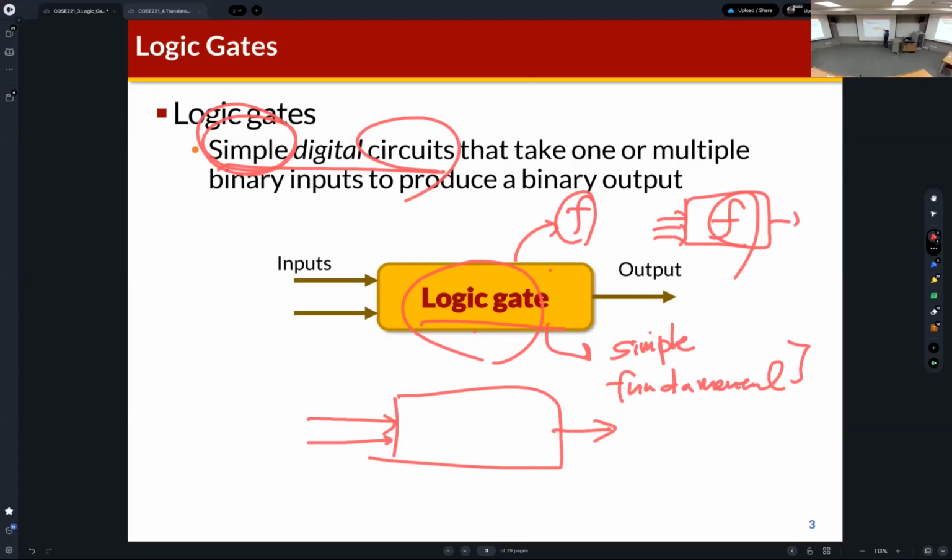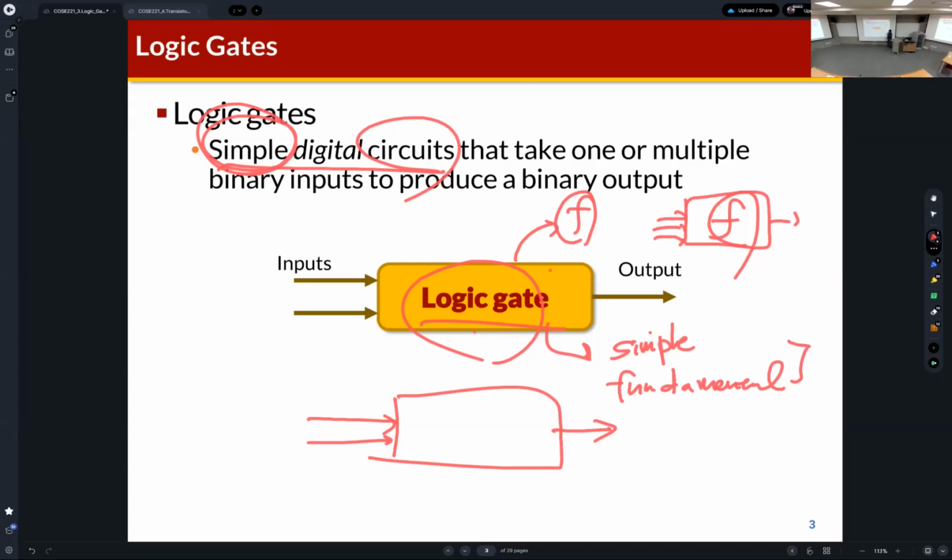I explained that a logic gate works like a black box. In this black box, there are one or multiple inputs. These inputs are digital signals, and the logic gate generates an output signal from these inputs.